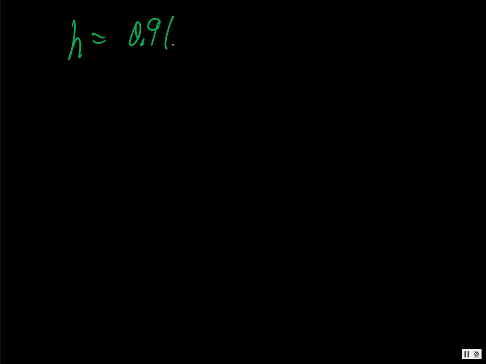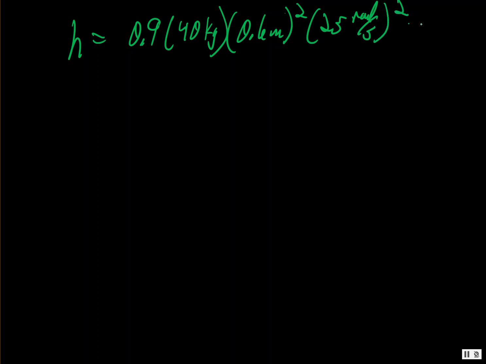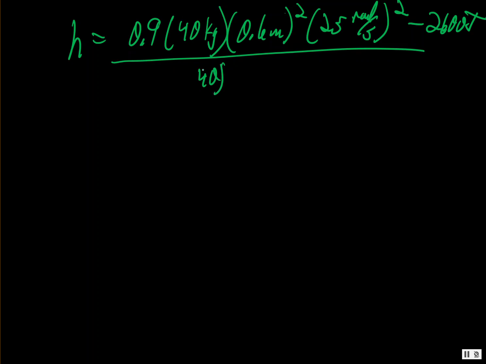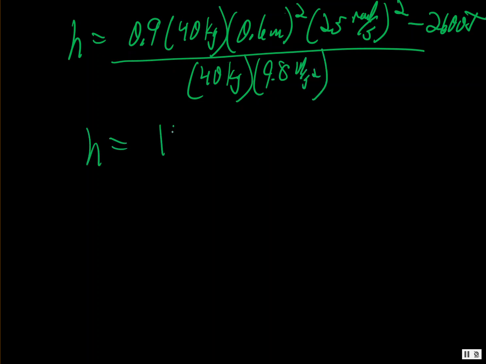The mass was 40 kilograms, times the radius, which we said was 0.6 meters, squared, times the angular velocity squared, minus 2600 joules, that was the work done by friction, divided by 40 kilograms times 9.8, and the height is 14.0 meters.